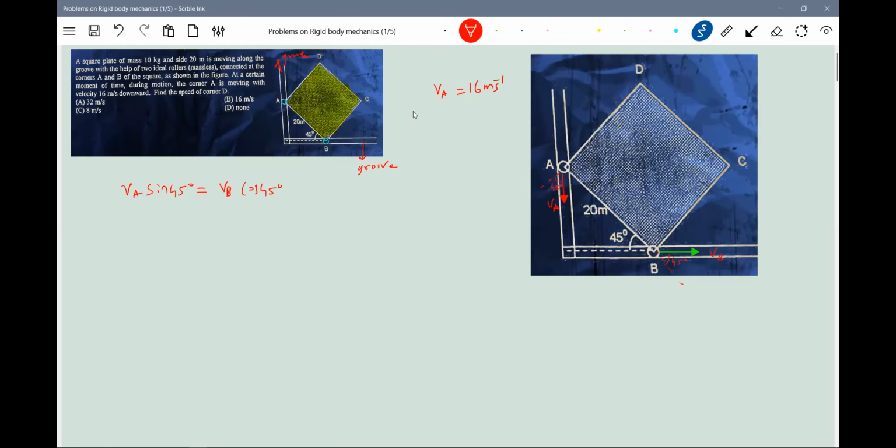From the constraint equation it should come. So after getting this, VA equals VB, which is equal to 16 meters per second.